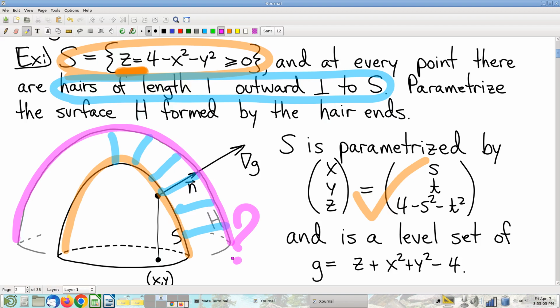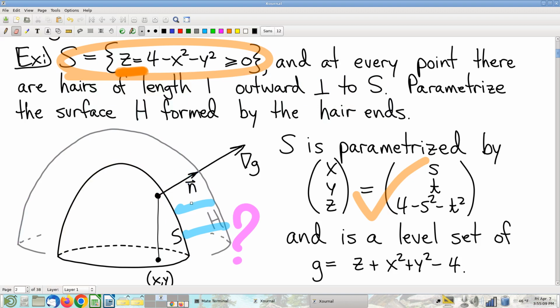That purple surface is a little bit harder to deal with. The vector observation to make here is that once you have, as we already do, a formula for points on the inner surface, all you have to do is add the vector representing the hair that's growing out of that point on the head.